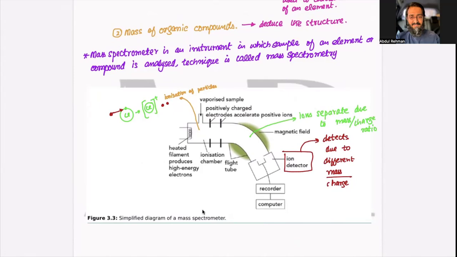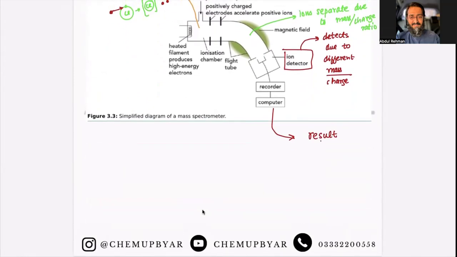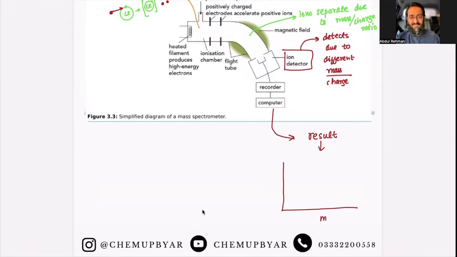And then on the computer, the recorder records all that data, and on the computer we get a result, and that result is in the form of a graph like this, where on the x-axis we have a mass over charge ratio value, and on the y-axis, sometimes we have just abundance, sometimes we have just ratio, and sometimes we have a percentage abundance.